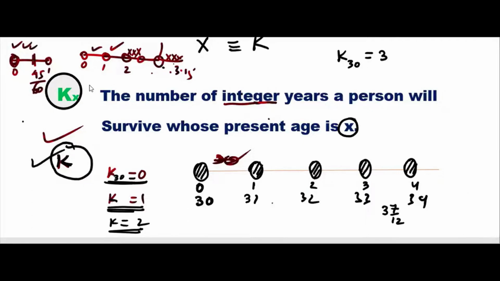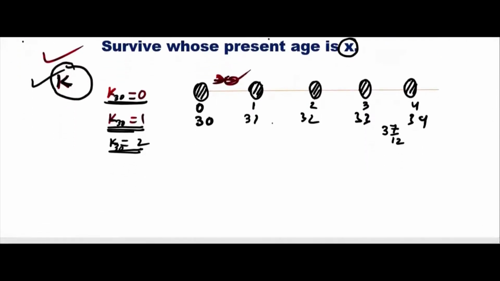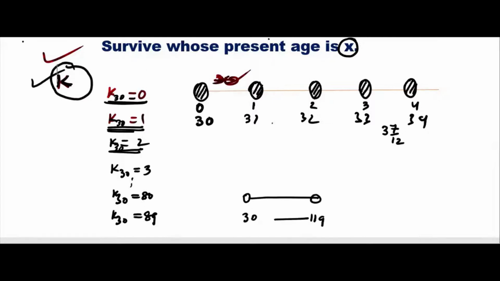So let me write 30 as well. This way it will go. It could be 3, then K30, 100, no, it will not go to 100. So I can write 80, that means 110. So he can survive up to 110. What is the meaning of this? 30 to 89, that is 119.